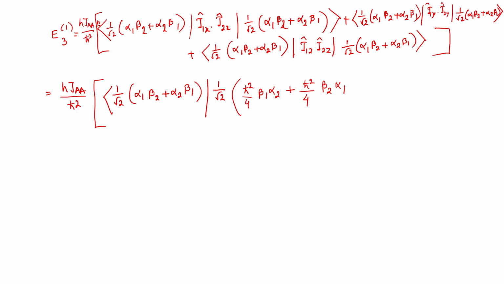What happened in the previous case is a minus sign was there, right? That's why the problem was there. No problem, but the confusion. Now plus 1 by root 2 alpha 1 beta 2 plus alpha 2 beta 1.